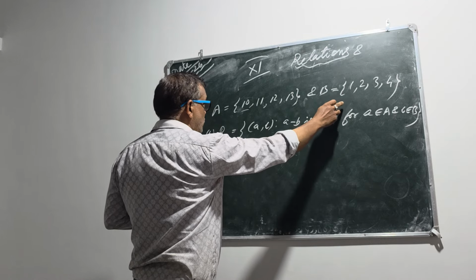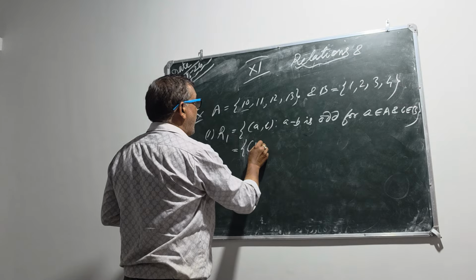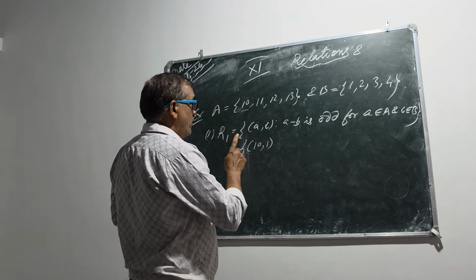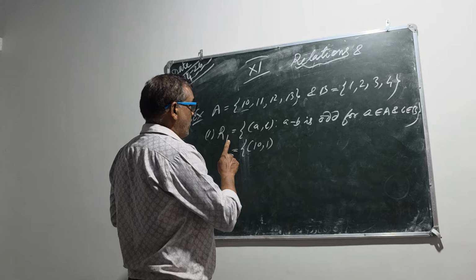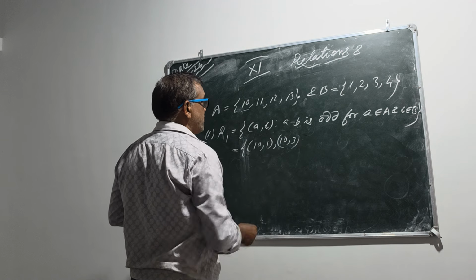So 10 minus 1 gives (10, 1); their difference will be odd. (10, 2) no. (10, 3), their difference is odd.